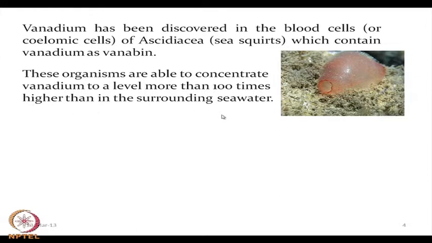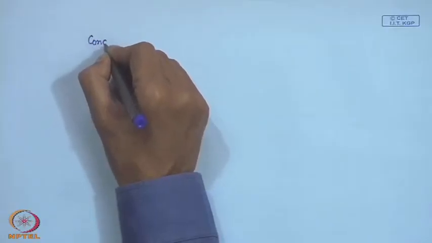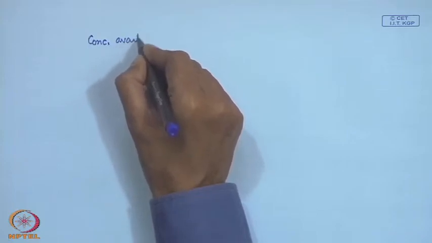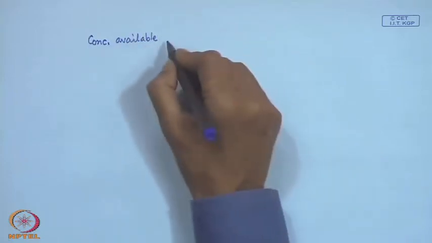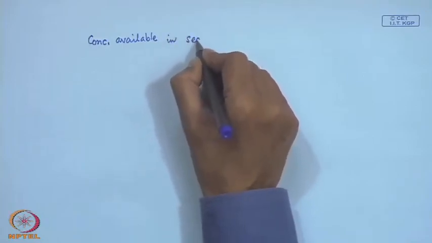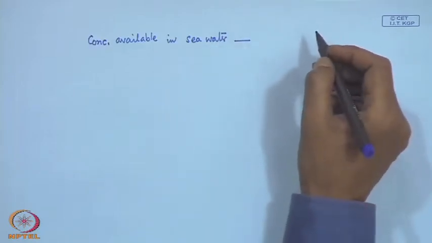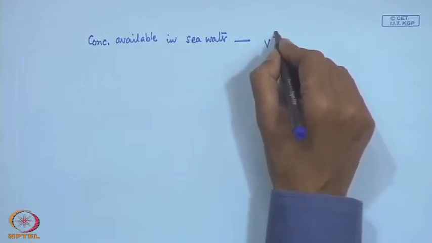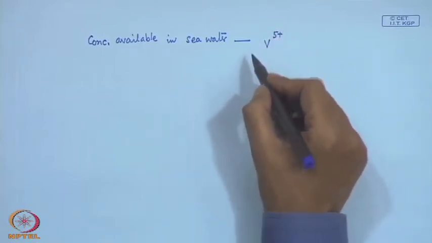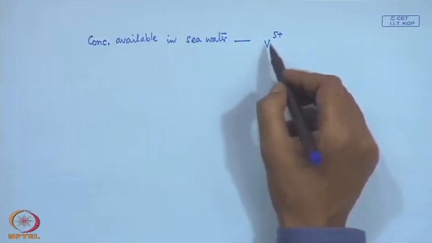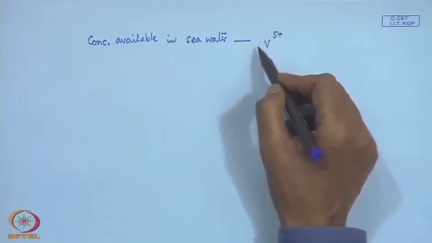So, in sea water we have some available concentration of vanadium, say vanadium 5 plus, and a ligand is available which binds this particular ion and then transfers it to these marine organisms.